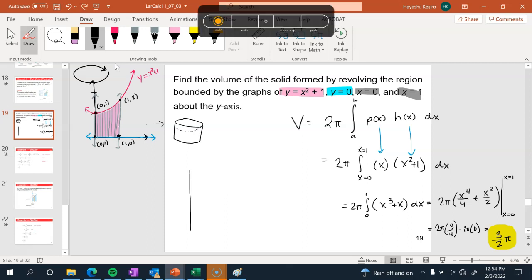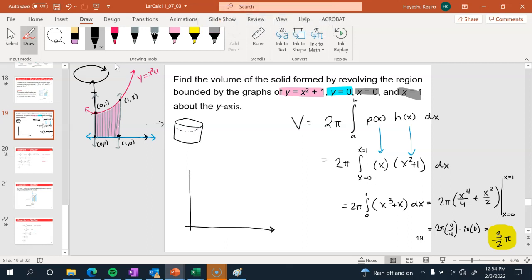But what you can do is think about just the series of shells that are going to happen. So we have this approximate shape.